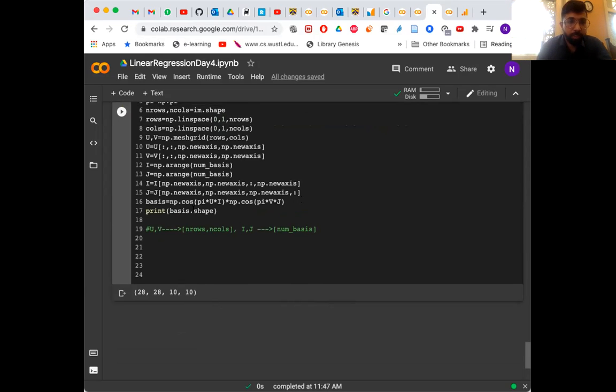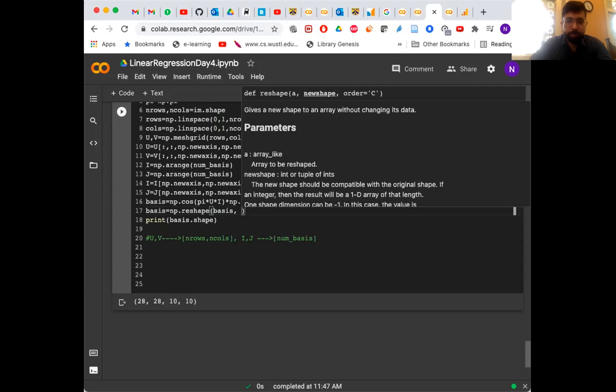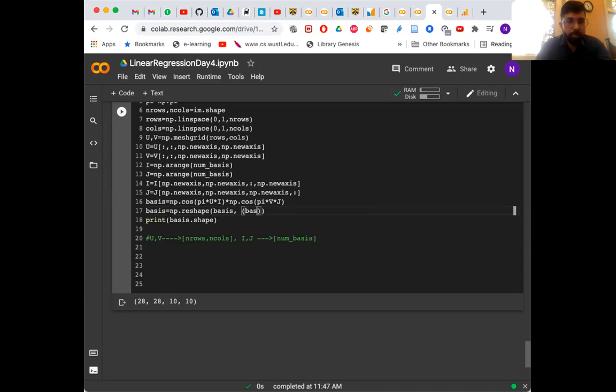So what I can do is say basis is equal to np.reshape of basis, comma, basis.shape[0] times basis.shape[1], basis.shape[2] times basis.shape[3].